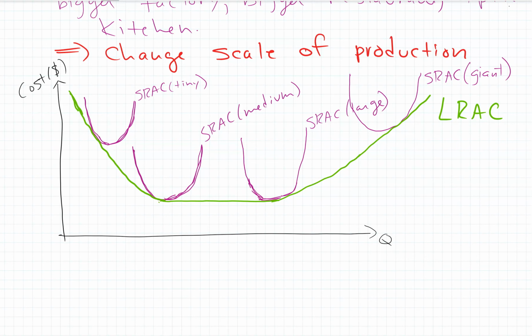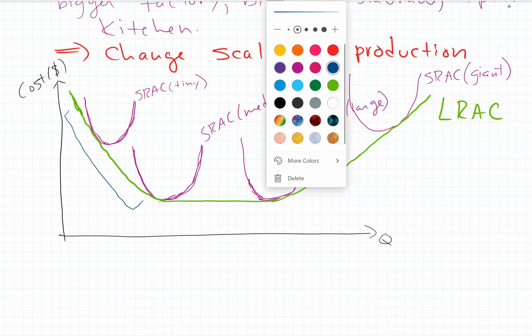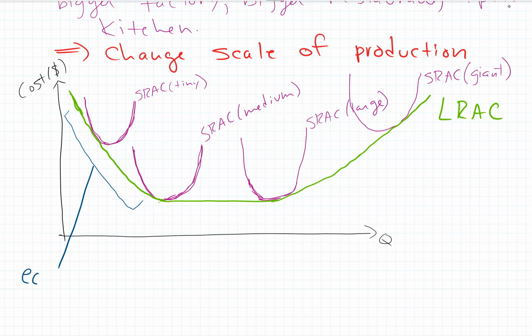So the first area here, we can say that we have economies of scale. What that means is if we make it bigger, we will have a lower average cost.